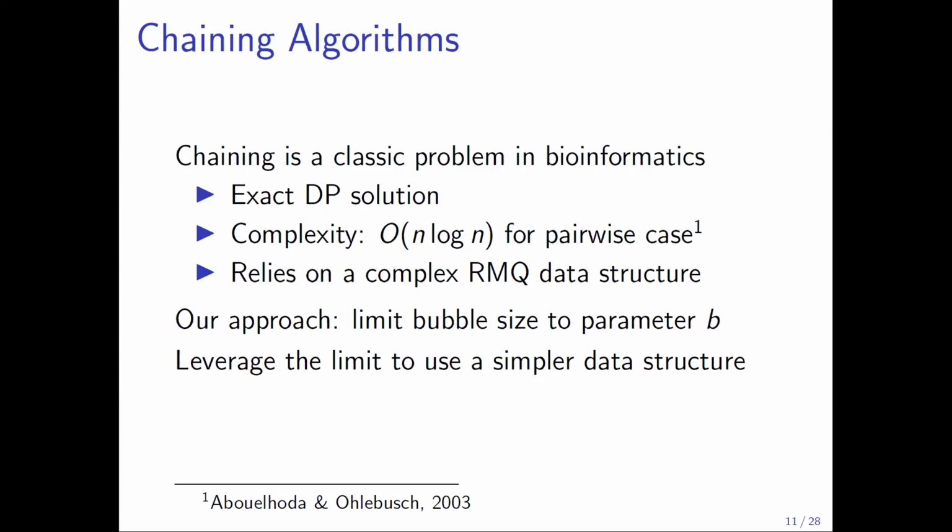So our approach is to limit the gap or the bubble size to a parameter b. In most practical applications, we can safely limit the gap size in a homologous region to some parameter, and then we can use this limit to use a simpler data structure. I will not give details about this data structure to save time, but you can read about it in the paper.